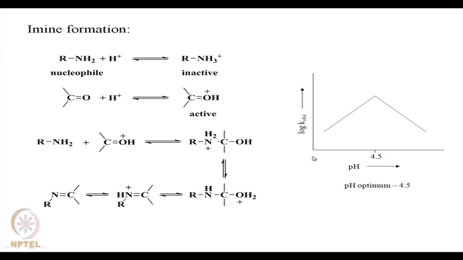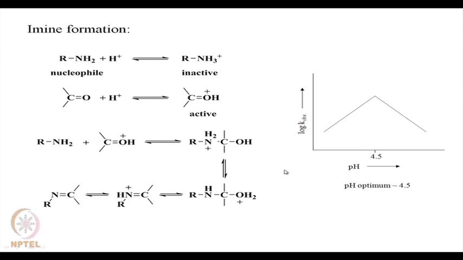So this is another example of acid catalysis, and of the effect of pH. From these three examples we can say that reactions which are catalyzed by acid, H+, may have a strong dependence on pH.